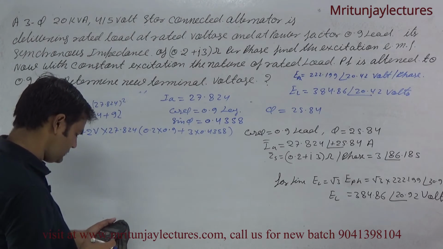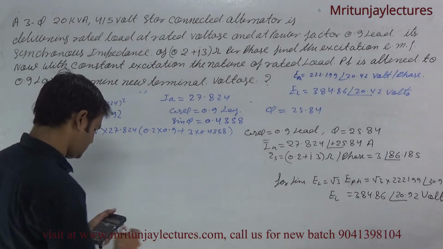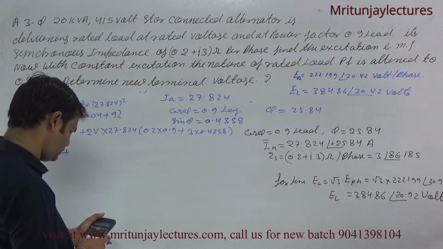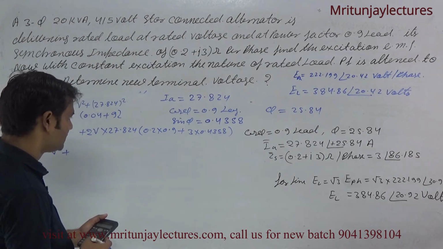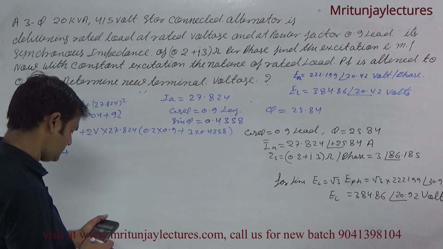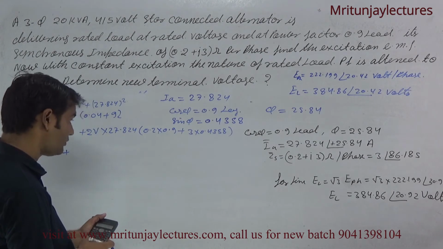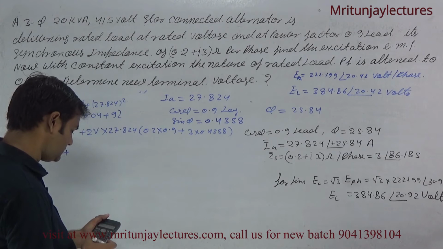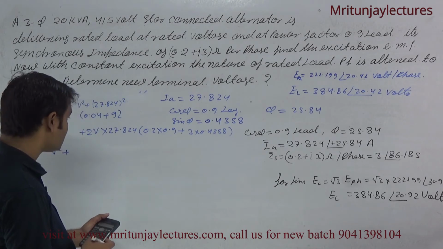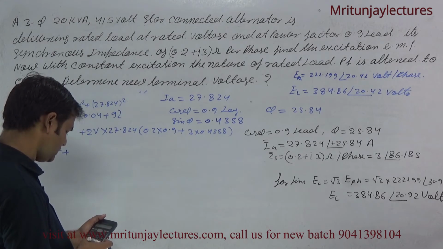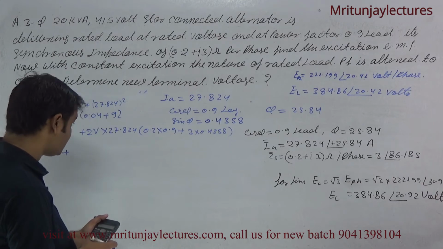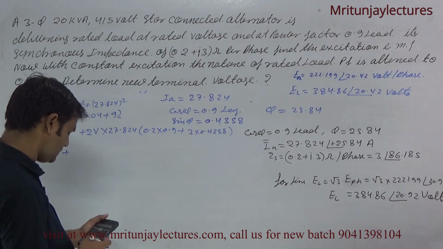Now V square plus 2 into 0.2 into 0.9 plus 3 into 0.4358, into 27.824.